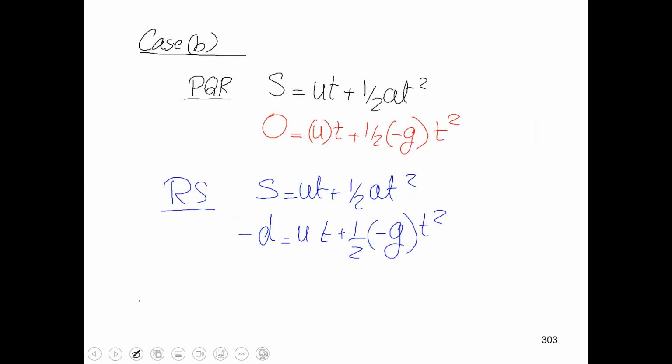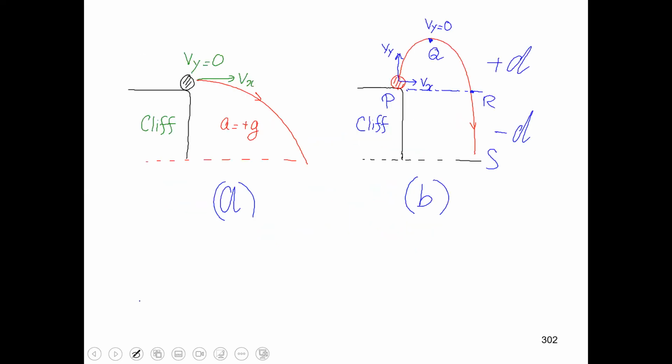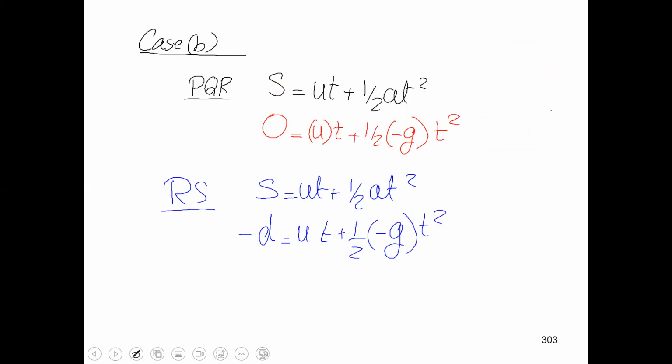I'm focusing on case number B. Case number B, there is an upward motion and then there is a downward motion. So until the object is above the cliff level, displacement is plus. Below the cliff level, displacement becomes negative. We show it like this. Now, this is the screen. You have to copy this.